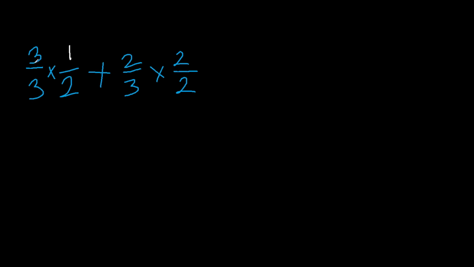So if we took 3 times 1, that's 3. 3 times 2, that's 6. Plus 2 times 2 is 4. 2 times 3 is again 6. Now our denominators are the same, so we can just add our numerators. 4 plus 3 is 7, and 7 over 6.